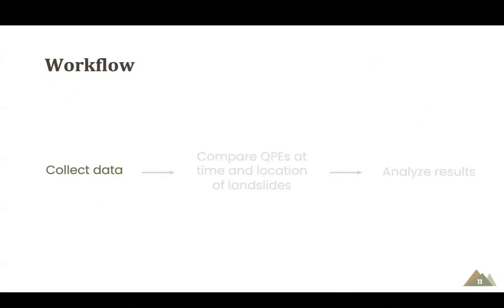My workflow for this project was pretty simple. Collecting the data was definitely the most time-consuming part. Then I compared the 13 gridded QPE products as well as gauge data at the times and locations of the landslides I was looking at. And finally, I analyzed the results.